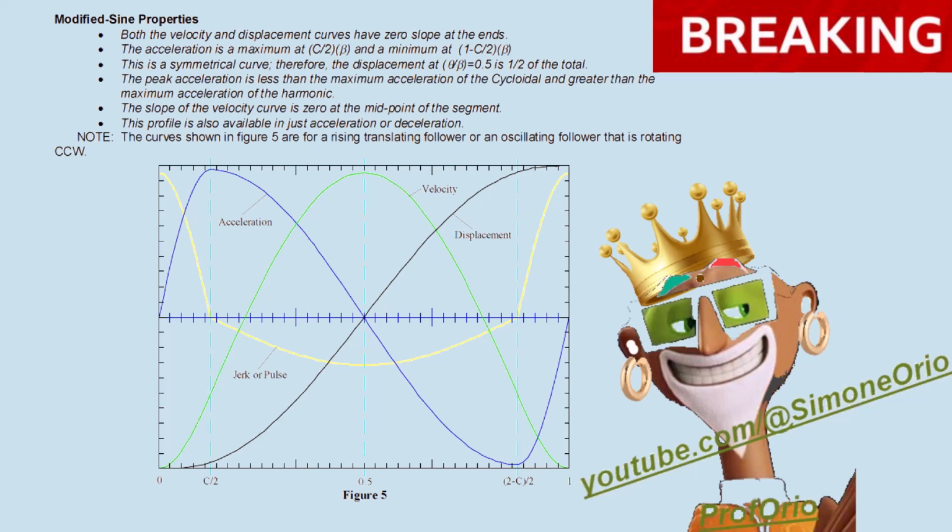CAM Designer SE uses what is known as a C factor. And the C factor for the standard modified sine, in quotes, is a C factor of 0.25, which, just like I said, is 1/4 of the entire segment, being 1/8 of it at the beginning, 1/8 of it at the end.